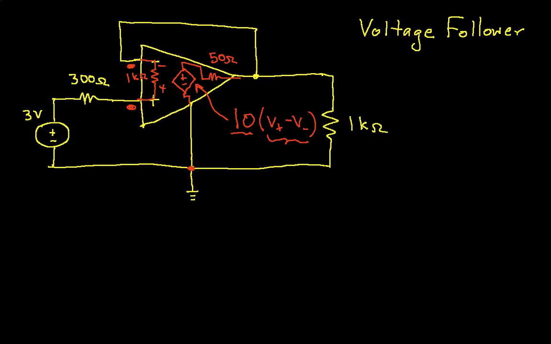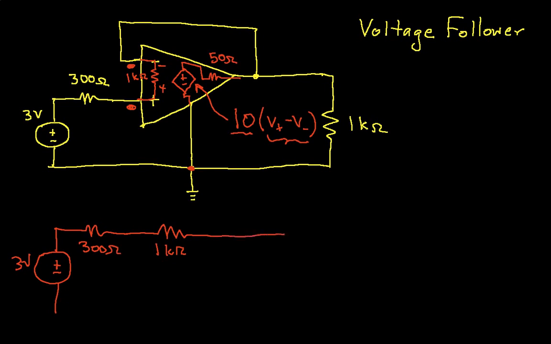In order to make the analysis clearer, let's redraw the circuit as follows. We'll keep our 3-volt source. We still have the 300 ohm resistor. And now we'll draw the 1 k ohm internal resistance. This will get connected at some point to the output of our dependent voltage source.